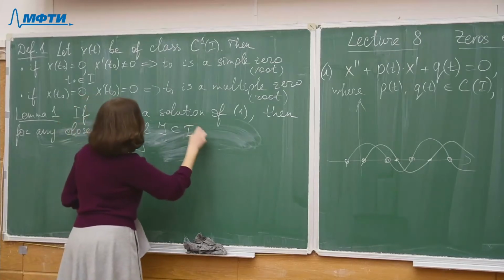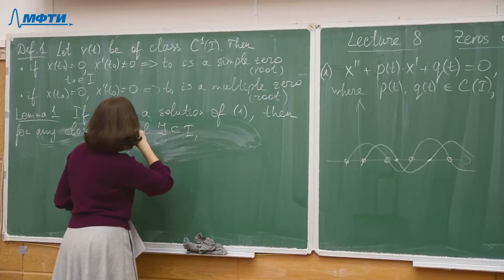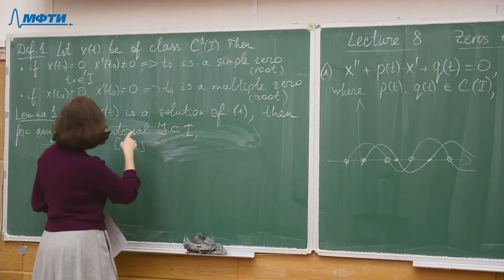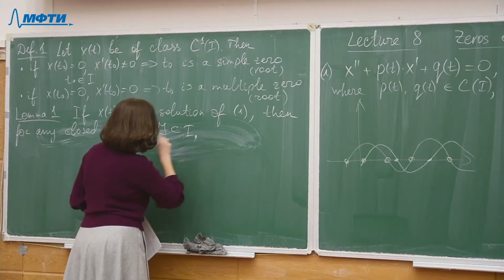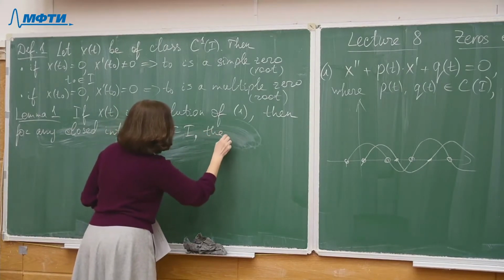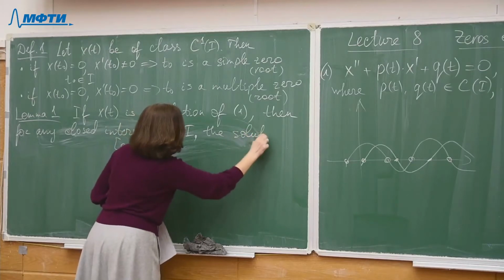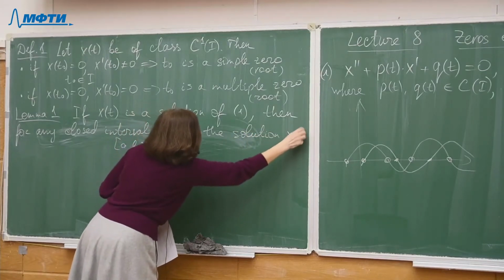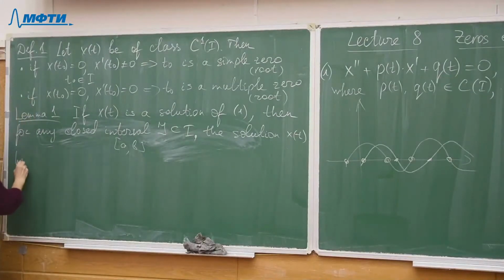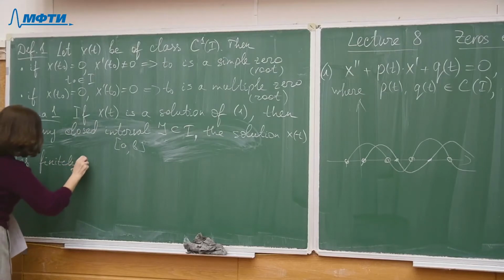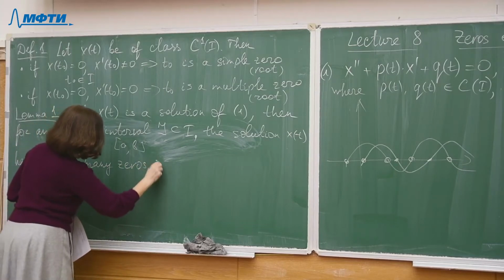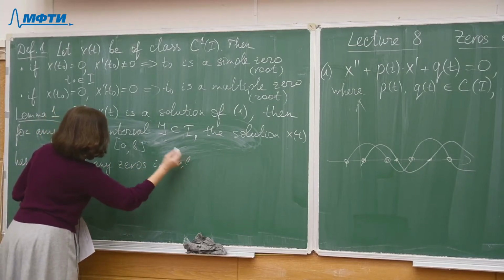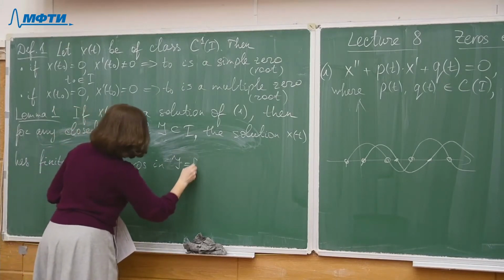the solution x of t has finitely many zeros in J, which is equal to AB.